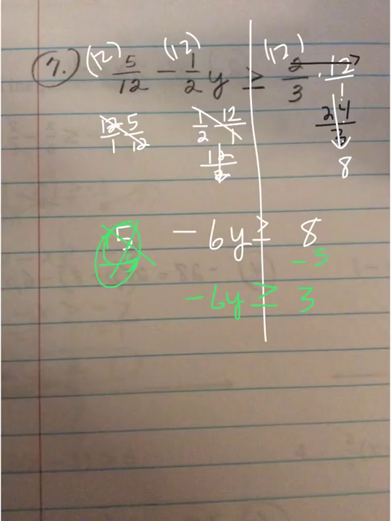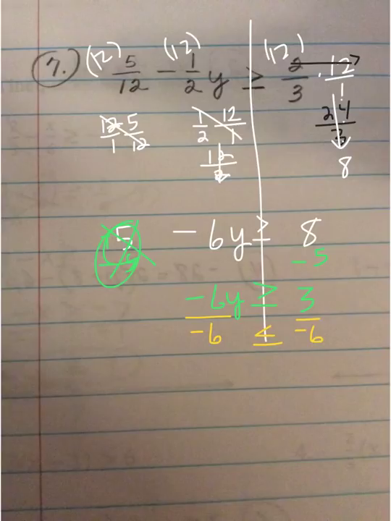Positive 3. But the crazy thing about this is I have to divide by negative 6 on both sides. But, alert, alert, alert, I have to switch the sign when I do that.